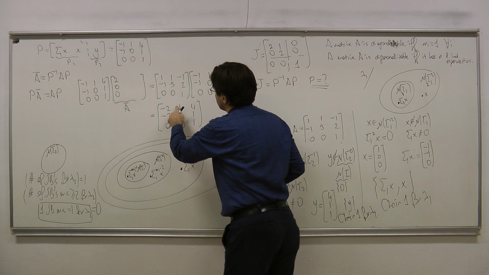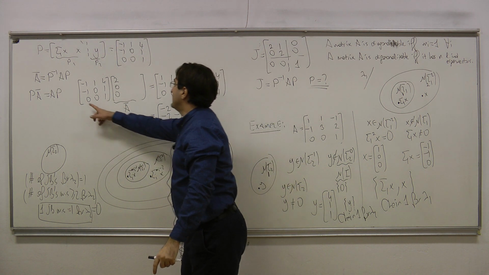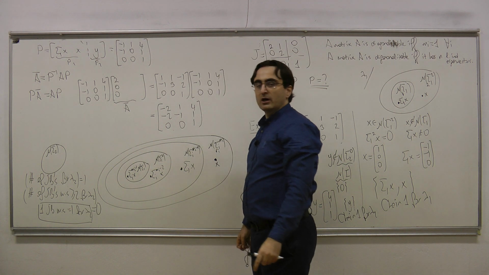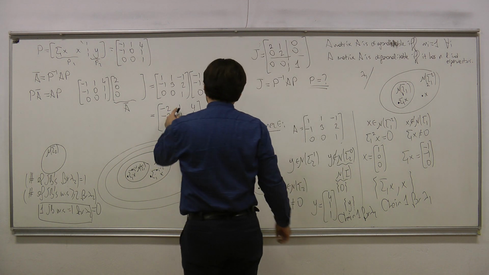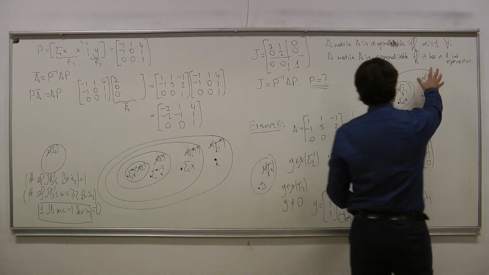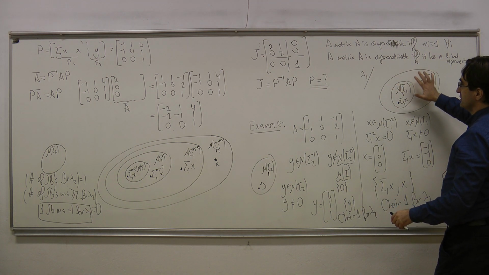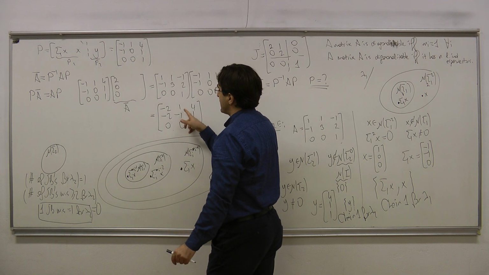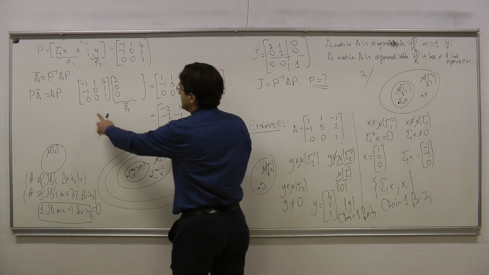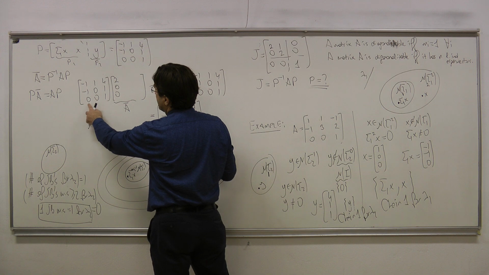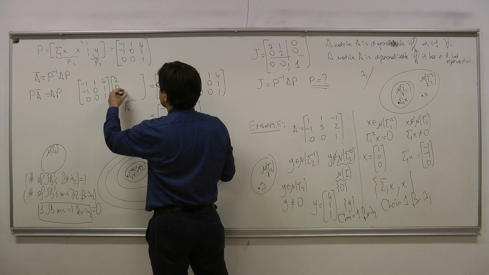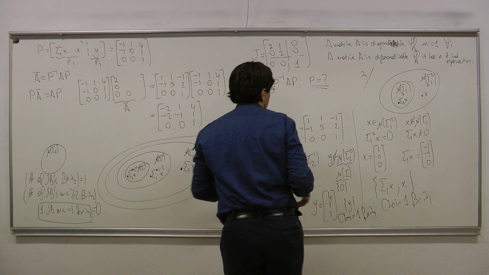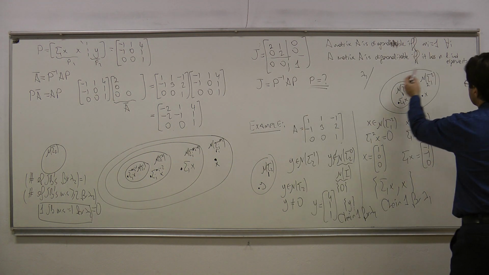And now express 1, minus 1, 0 as a linear combination of these two columns. I know that minus 1, 0 is already in this null space, which is invariant. As a result, I need to be able to express it as a linear combination of only the first two columns. And the third coefficient will be automatically 0 because these null spaces are invariant, remember?